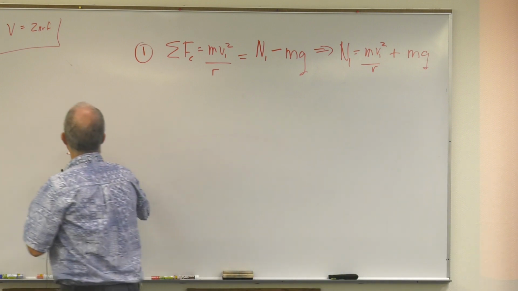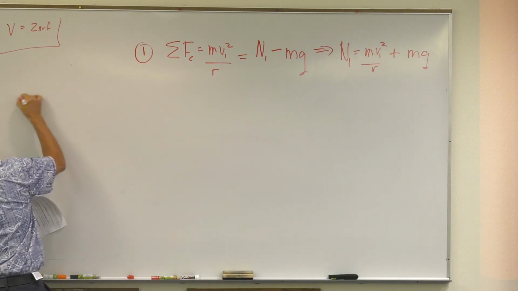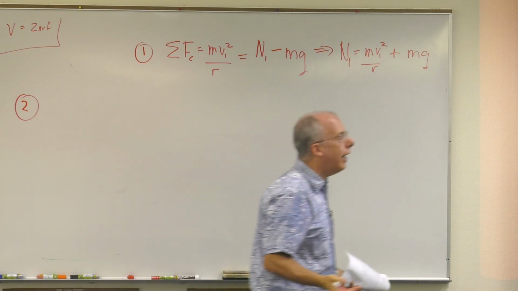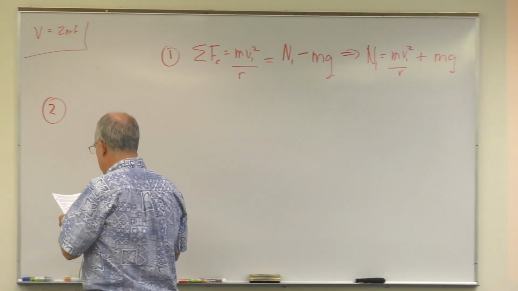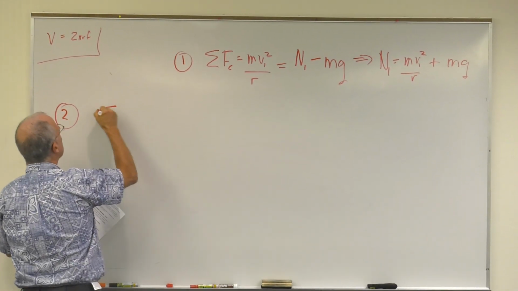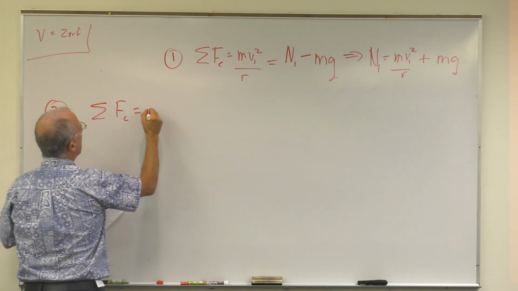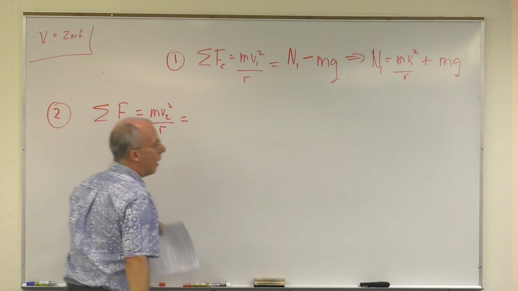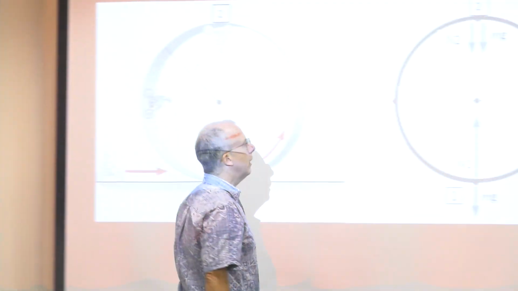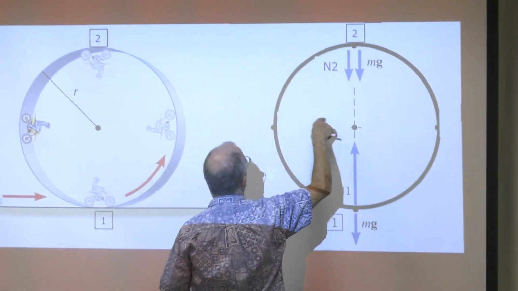Okay, wonderful. But now let's do 2, because 2 is what we're getting paid for, right? We want to make sure Evel Knievel maintains contact. So that's what we care about. So at 2, we write the sum of the centripetal forces equals mv2 squared over r. And now they both point towards the center of the circle, right?